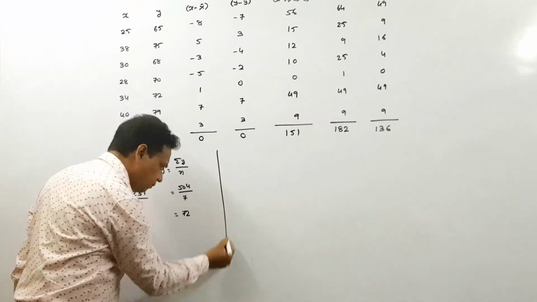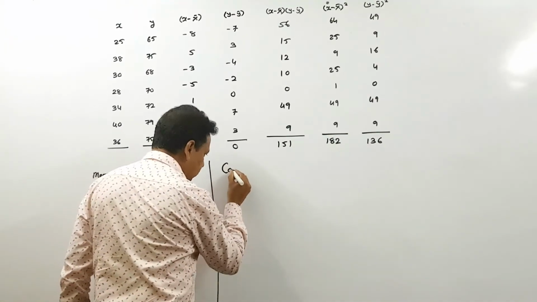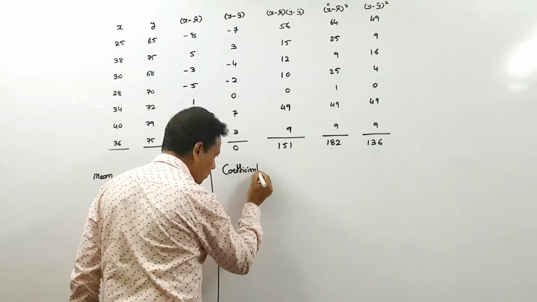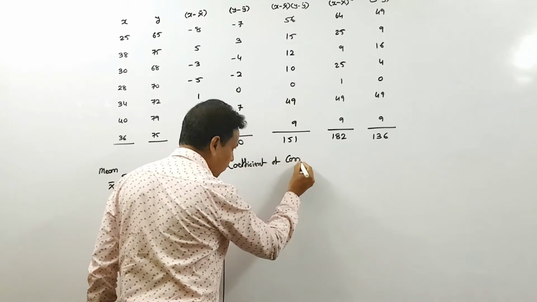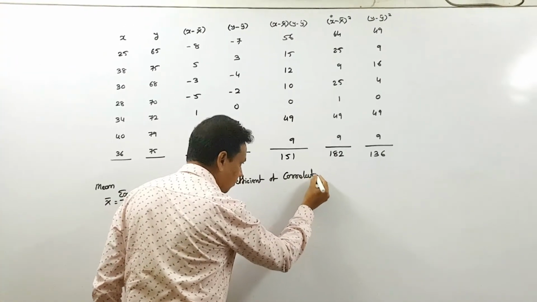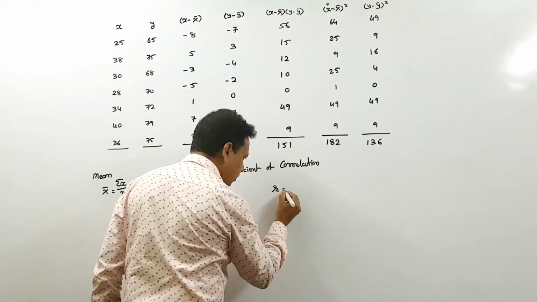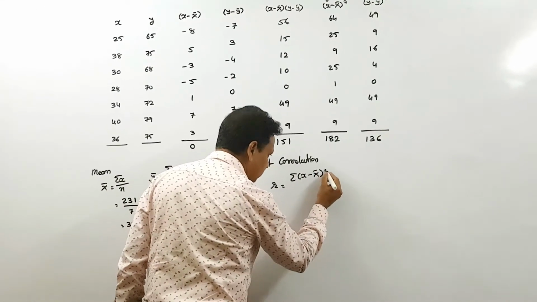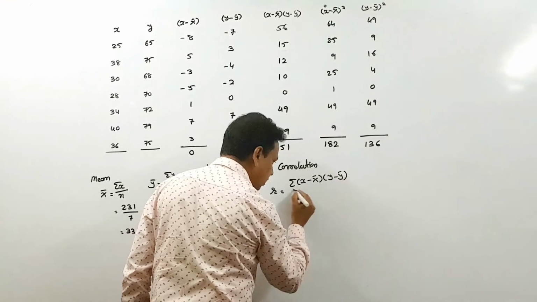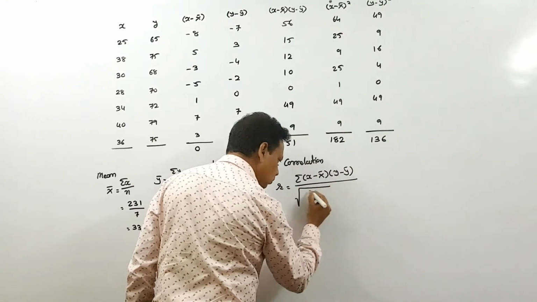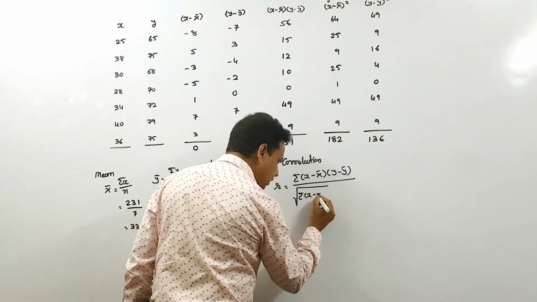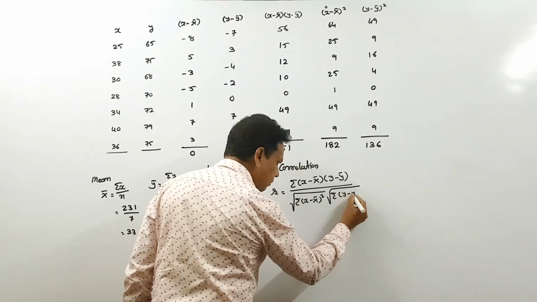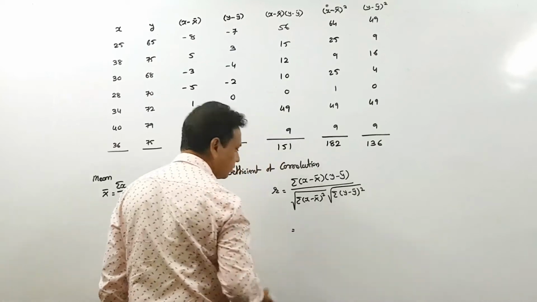Okay, so now the coefficient of correlation, which is known as r, and our formula is sum of (x minus x bar)(y minus y bar) divided by the root of sum of (x minus x bar) square, into the root of sum of (y minus y bar) square.